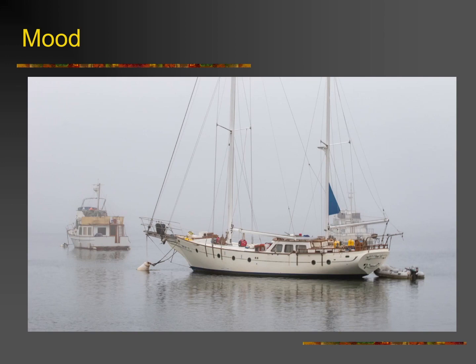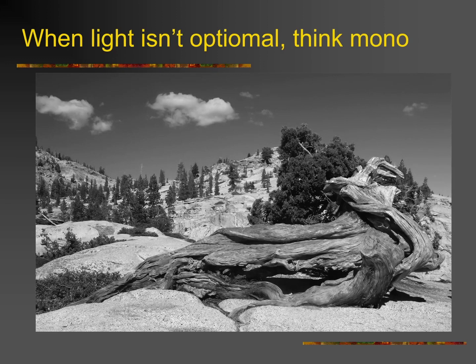Mood. Mood in your images can stir emotion. Red hot, cold blue, foggy, etc. Sitting on the shoreline, I just wanted to pause and sit a while, and I still want to do so when viewing this image at Morro Bay. And when light isn't optimal, think mono.